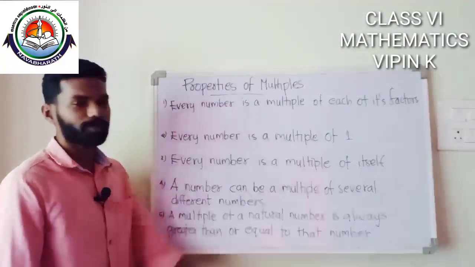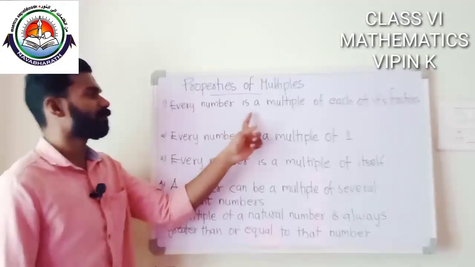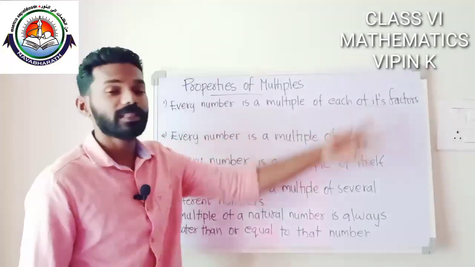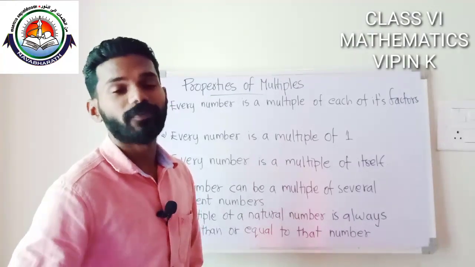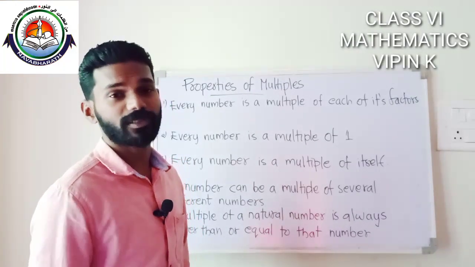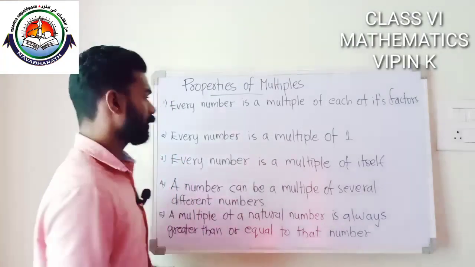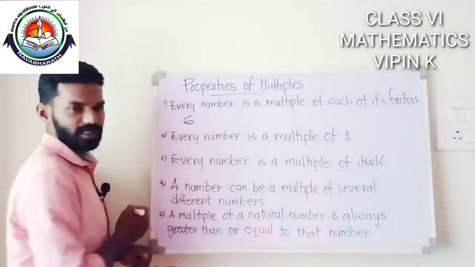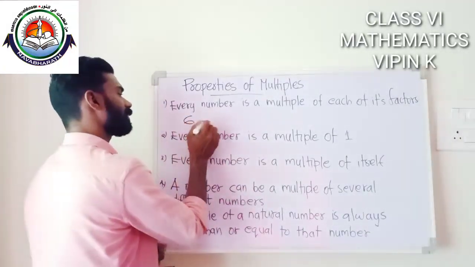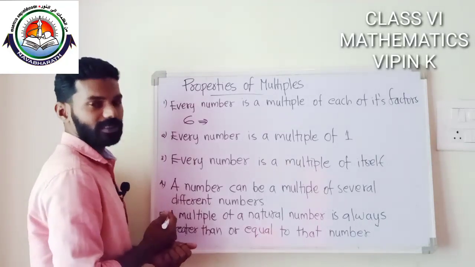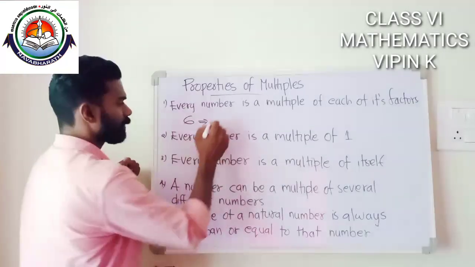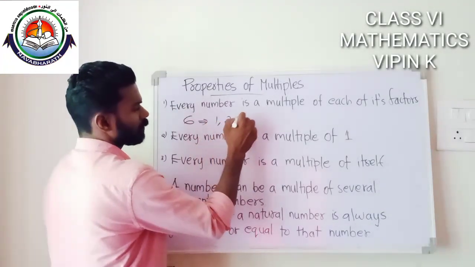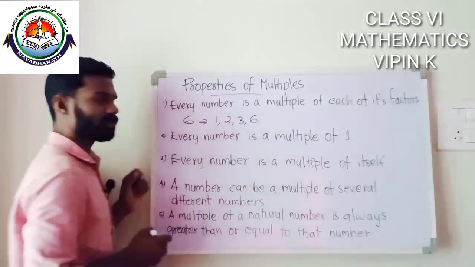So what is the first property? Every number is a multiple of each of its factors. Suppose I am taking the number 6. Tell me which are the factors of 6. 1, 2, 3 and finally 6.